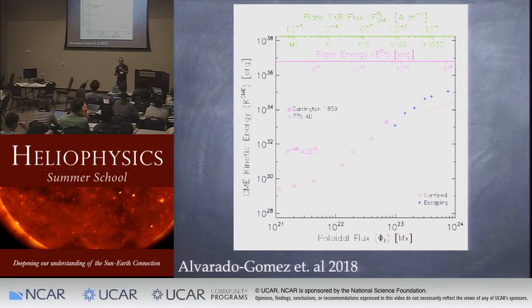So only by boosting the dipole component of the star by maybe 7 times, the CME couldn't make it out. This plot shows you the kinetic energy of the CME as a function of the polarization flux of the star. This is the magnitude of the overlying stellar field. So this is a weaker field, this is a stronger field, and this is the kinetic energy that goes to the CME.